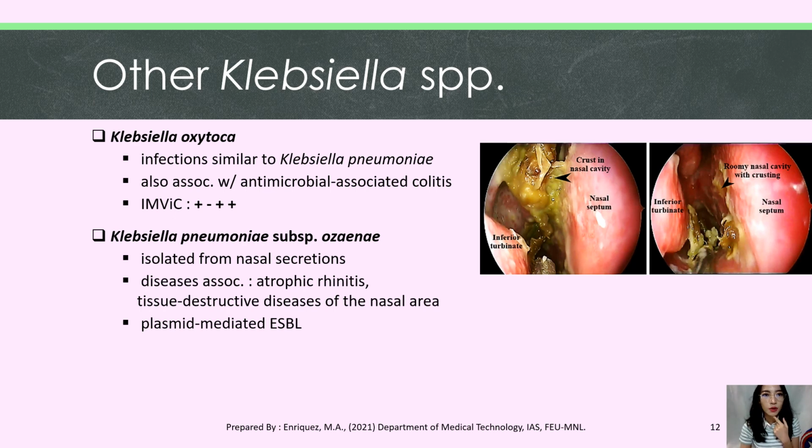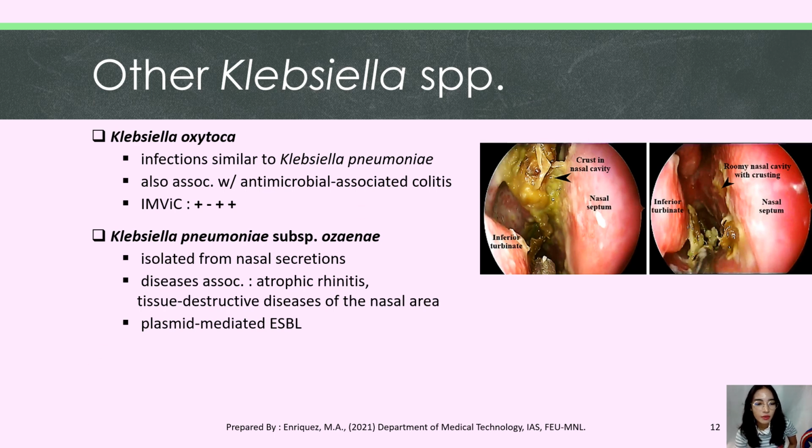So in general po, Klebsiella pneumoniae subspecies ozaenae has been linked to tissue destructive diseases restricted to the nose area. So upon exploration of the nasal cavity, this is what the infected areas would look like.